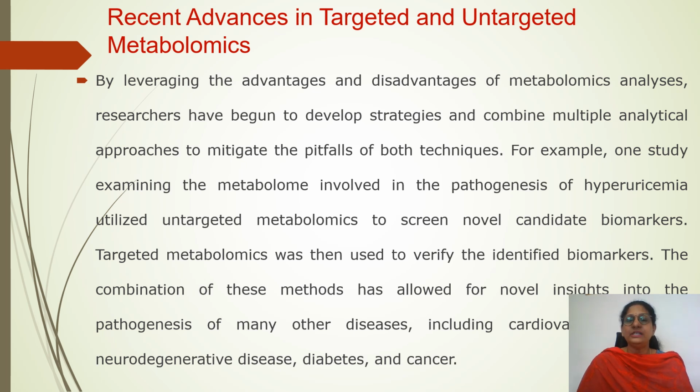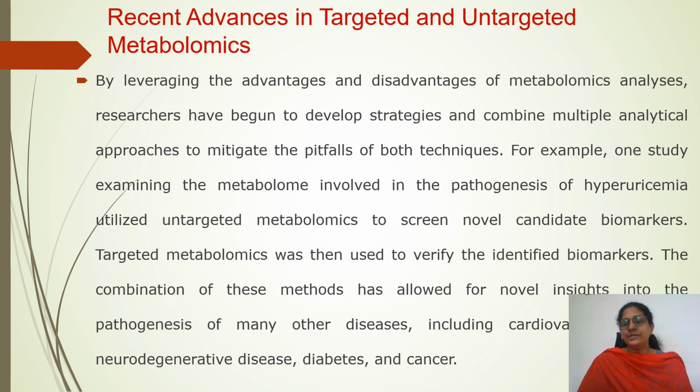The combination of these methods has allowed novel insights into the pathogenesis of many other diseases, including cardiovascular, neurodegenerative like Alzheimer's, diabetes, chronic disease, endocrine disease, and cancer. These are all chronic diseases, shaking and shivering entire mankind for decades together.